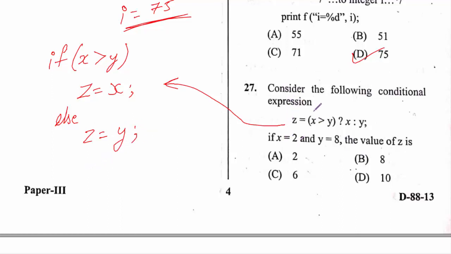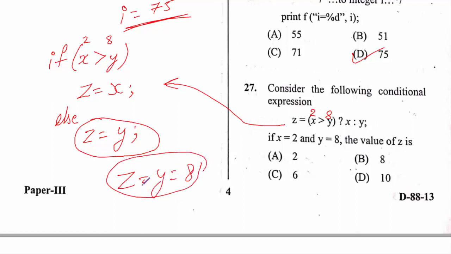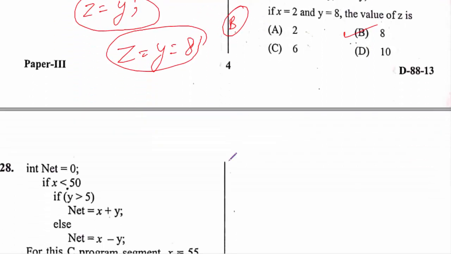So what is the value of x? It is 2. What is the value of y? It is 8. Is 2 greater than 8? No, right? So else part will be executed, that is nothing but z equals to y. What is the value of y? It is 8. The value that is taken by z is 8. Hence option B is going to follow.